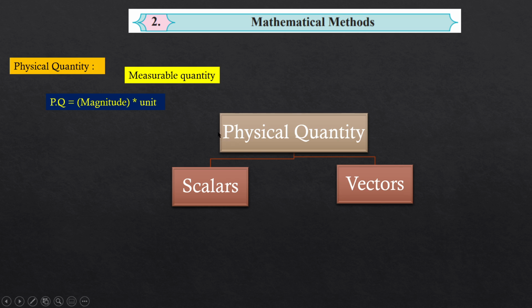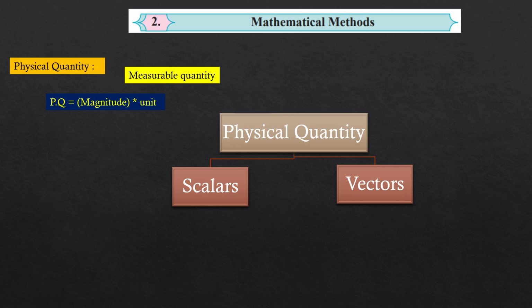In the previous chapter we learned there are 7 fundamental physical quantities and 2 supplementary physical quantities. But here the property is very different, based on direction. Is there a direction or no direction? So based on direction, physical quantities are again divided into two categories: one is scalars, second is vectors.